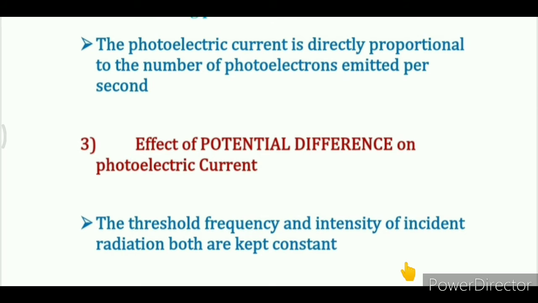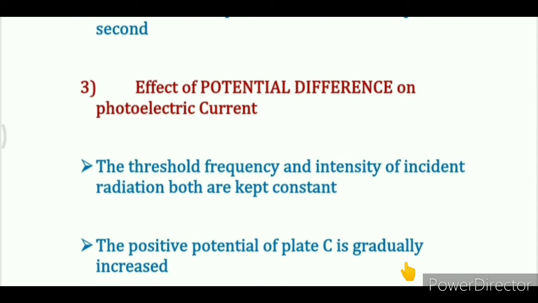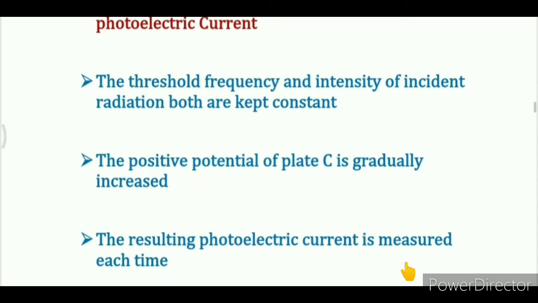By keeping these two values of frequency and intensity constant, as well as the positive potential of plate C, which is initially given a suitable value, we now gradually increase this positive potential of the plate C. As we increase the positive potential of the plate C, that is, of the collector plate, the resulting photoelectric current is measured each time.